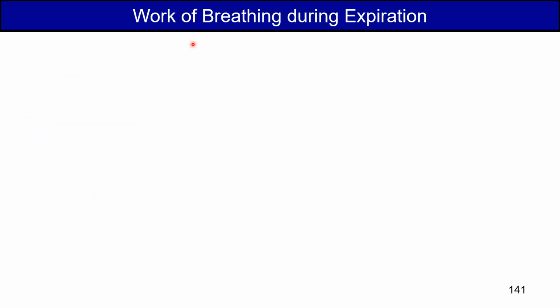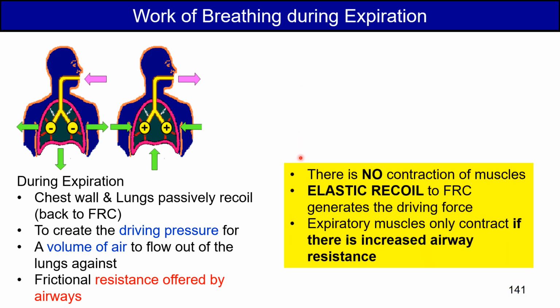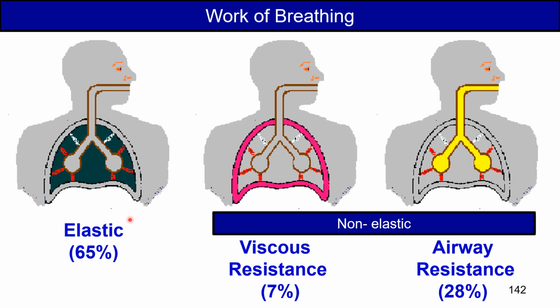Let us now discuss the work of breathing during expiration. During expiration, there is no contraction of the muscles. It is the elastic recoil to FRC which generates the necessary driving force, and the expiratory muscles only contract if there is increased airway resistance. So the work of breathing could be classified as the elastic work of breathing, which is the work done to expand the lungs, which is composed of elastic tissue. The non-elastic work of breathing is composed of two components.